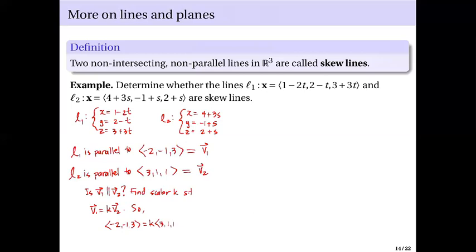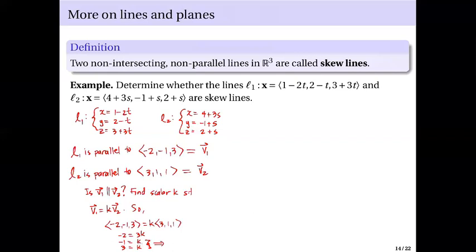Or that we have -2 equals 3K, -1 equals K, 3 equals K. And this implies some contradiction.